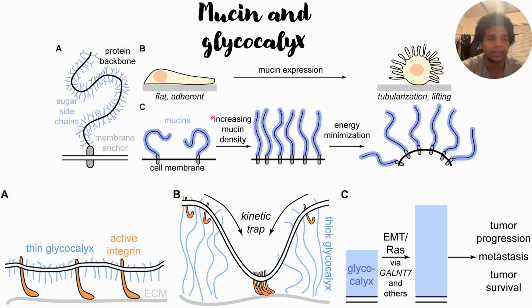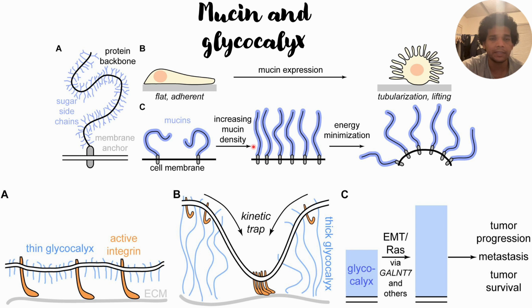When they are present in low density, as we can see here in panel C, it can take this kind of shape, and this will lead to a change in the structure from flat to a slightly curved shape.